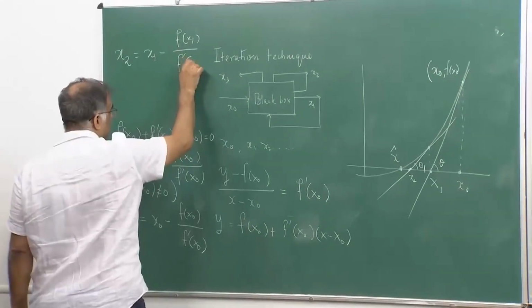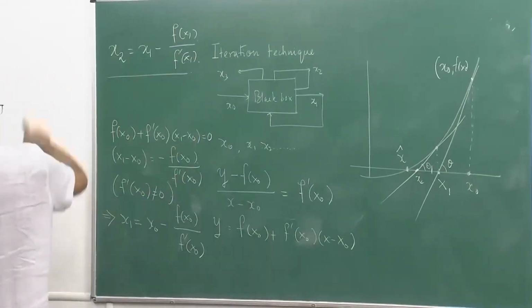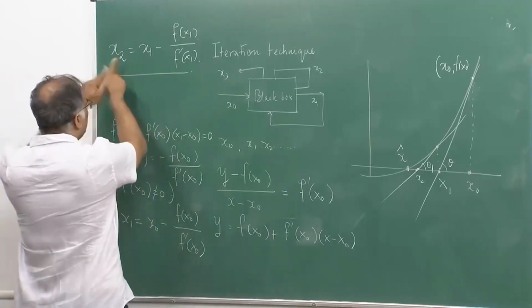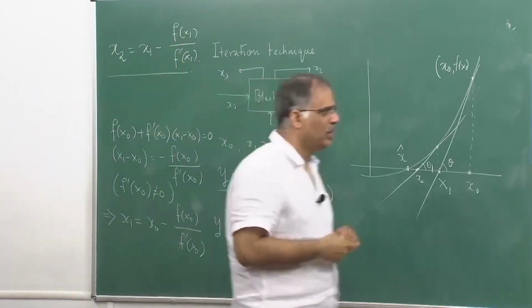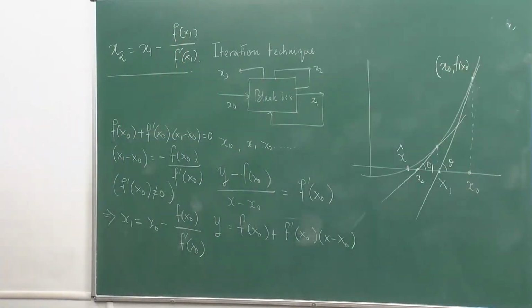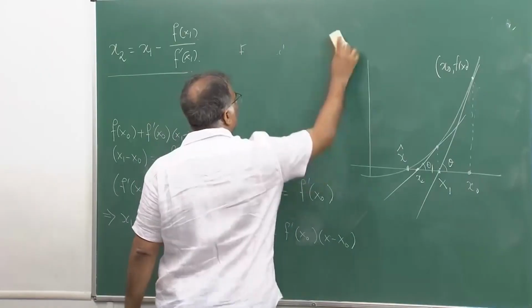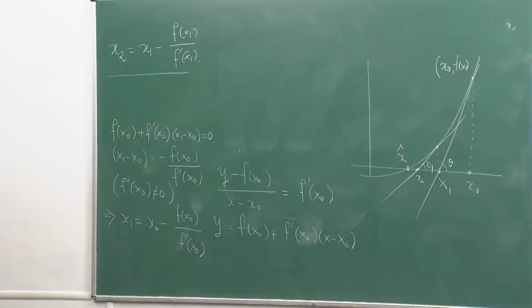This is the scheme, this is the feedback mechanism. If I want x3, I will put x3 is equal to x2 minus f(x2) by f dash x2. But this allows me to write a very general scheme for computing something through Newton's method.